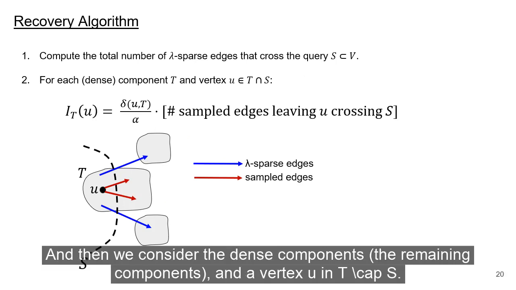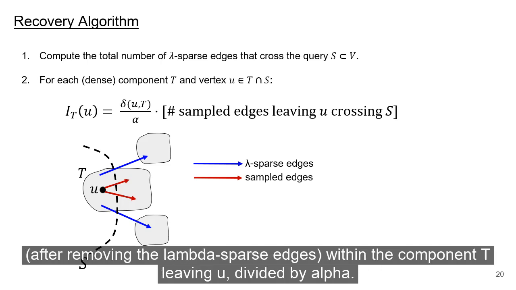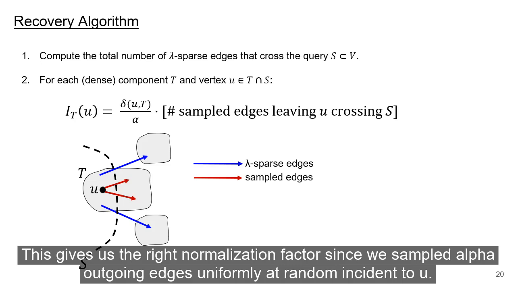And then we consider the dense components, the remaining components, and a vertex u that is in a dense component T and on the cut side of S. And we scale the contribution of u to the value of S by this factor of delta uT, which is the number of edges after removing the sparse edges, the number of edges within the component T leaving u, divided by alpha. This gives us the right normalization factor since we sampled alpha outgoing edges uniformly at random incident to u.